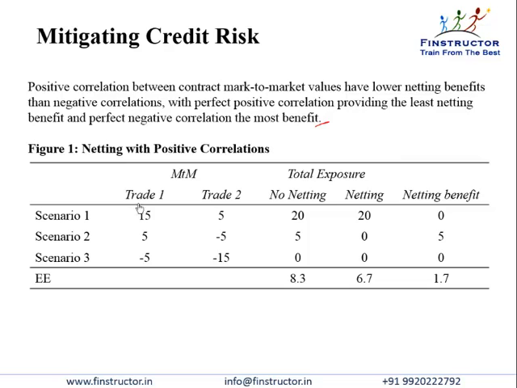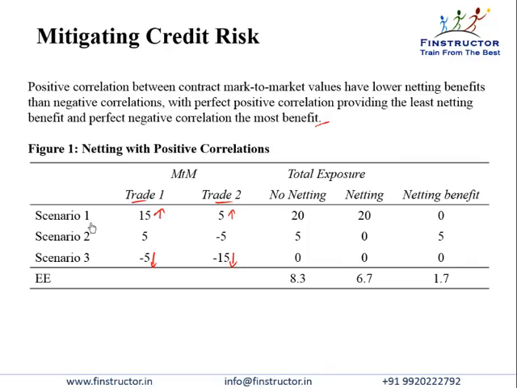So let's assume that I have two trades with the counterparty, and both trades have a strong positive correlation. That is, when trade 1 is in the money, trade 2 will also be in the money. Or when trade 1 is out of the money, trade 2 is also out of the money.